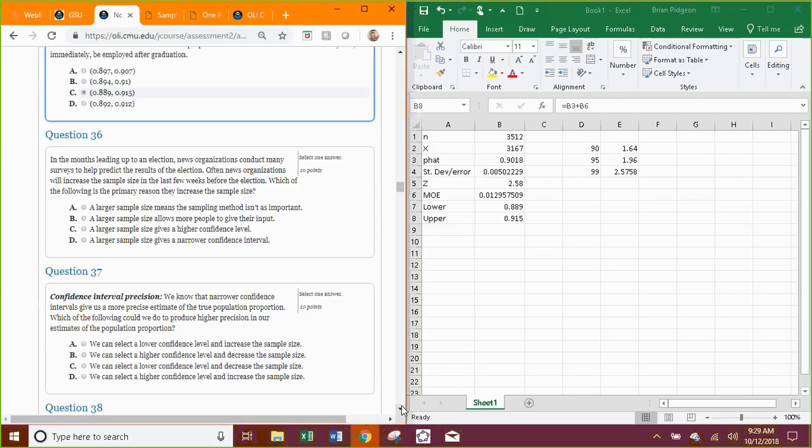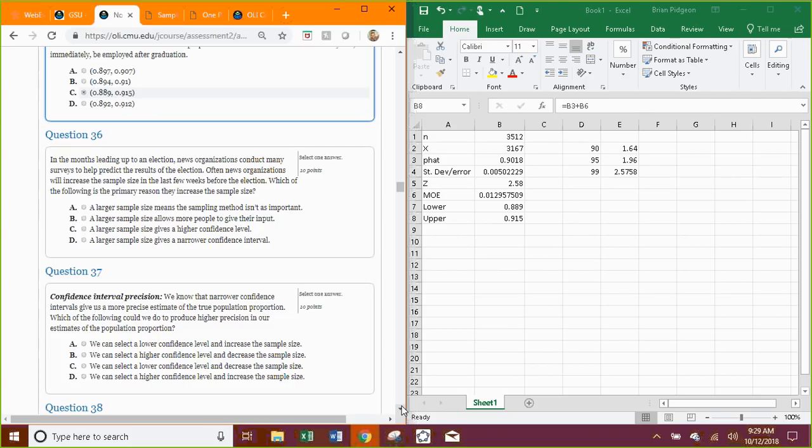Okay. In the months leading up to an election, news organizations conduct many surveys to help predict the results. Often, news organizations will increase the sample size. Which of the following is the primary reason they increase the sample size? Well, increasing the sample size, as we talked about, decreases the variability of the sampling distribution. What that means in terms of a confidence interval is that it makes it narrower.